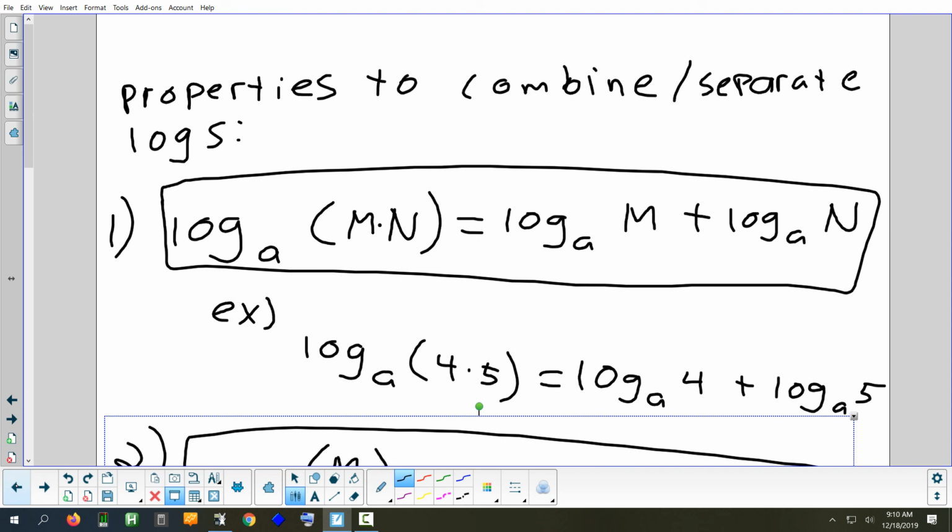So look at rule 1, look at the base on the left of the equal sign. Look at the base on the right of the equal sign. And tell me how the bases compare. If you were to compare the two bases, you'd say that they're the same. The base stays the same when you split it.